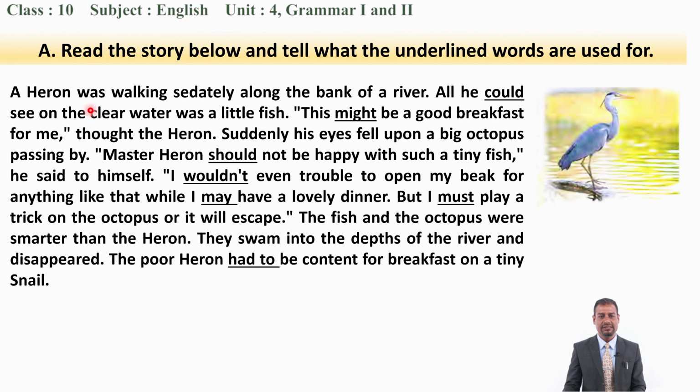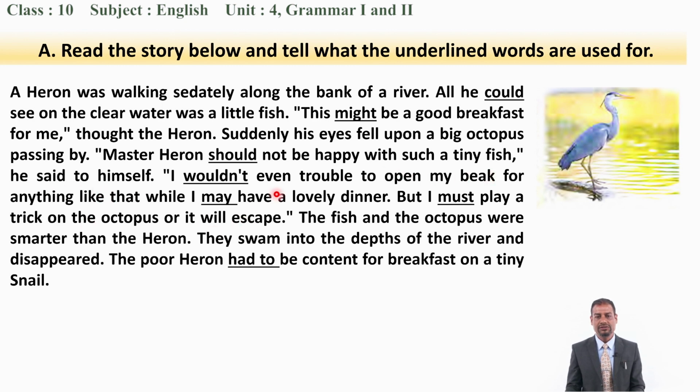A heron was walking sedately along the bank of a river. All he could see on the clear water was a little fish. This might be a good breakfast for me, thought the heron. Suddenly, his eyes fell upon a big octopus passing by. Master Heron should not be happy with such a tiny fish, he said to himself.